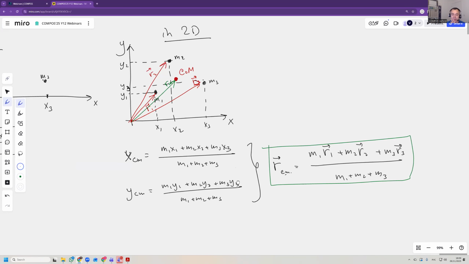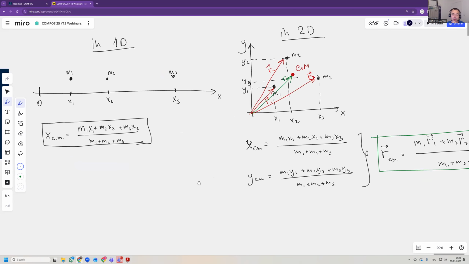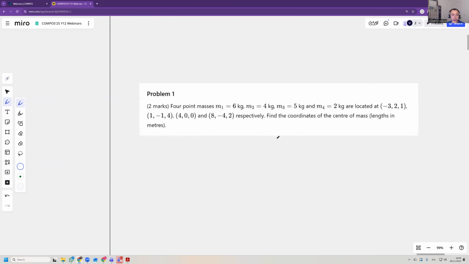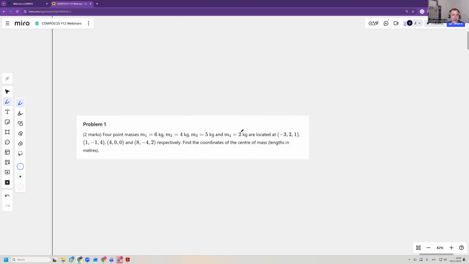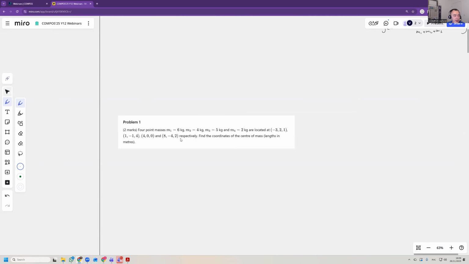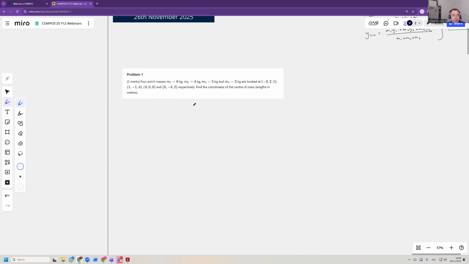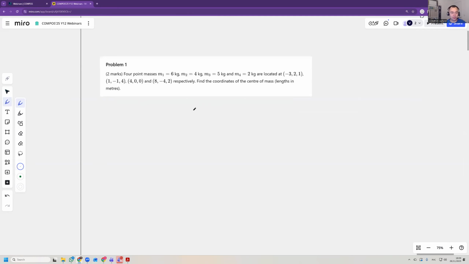And we're going to use that for problem 1. Four point masses, M1, M2, M3, and M4, are located at 4 respective points. We don't need to draw them because this is a three-dimensional case.